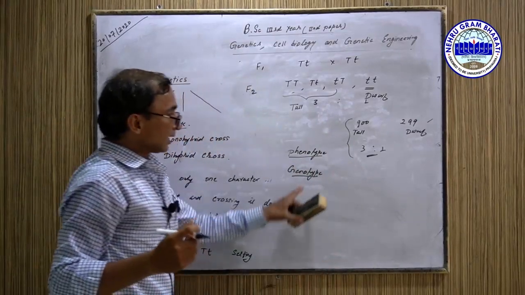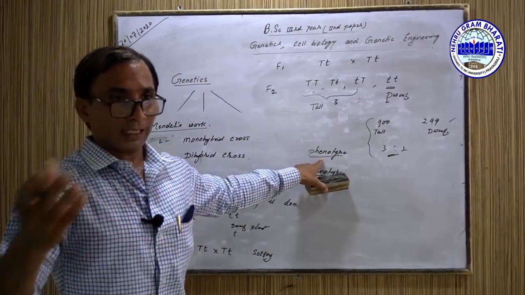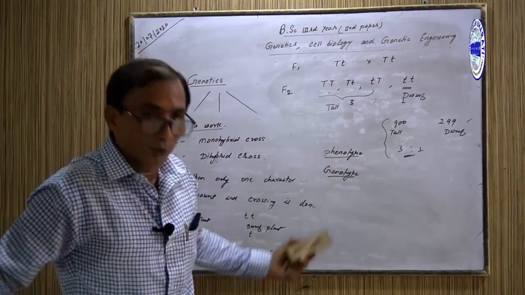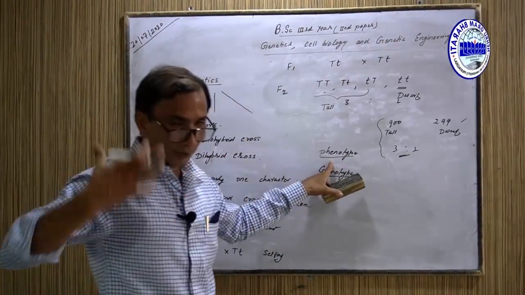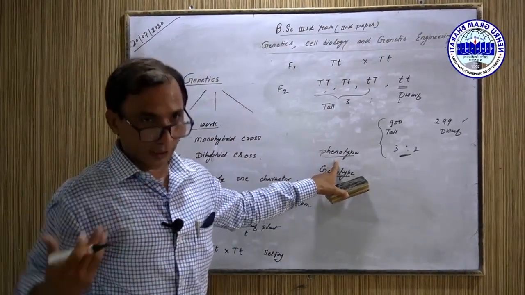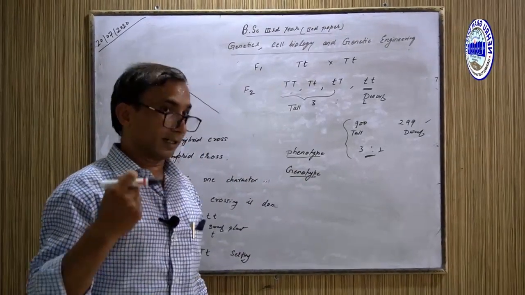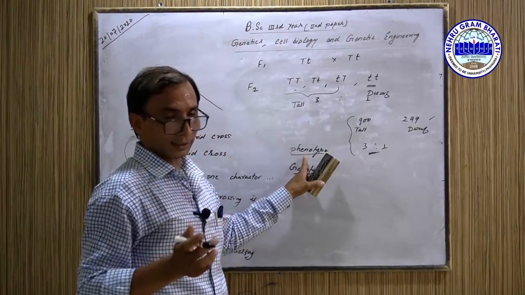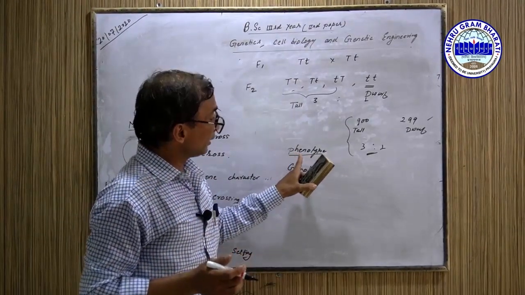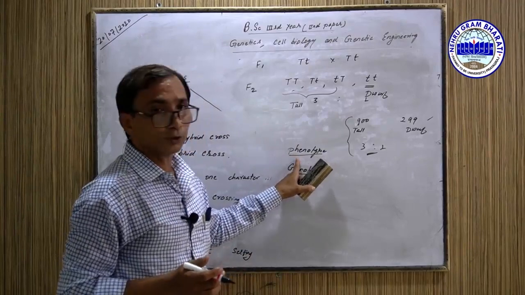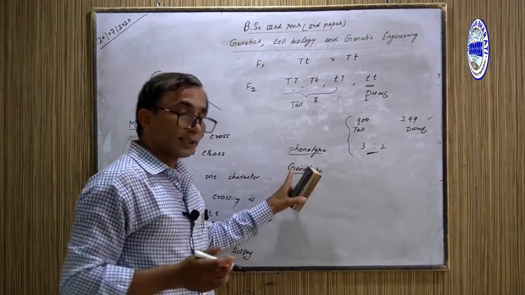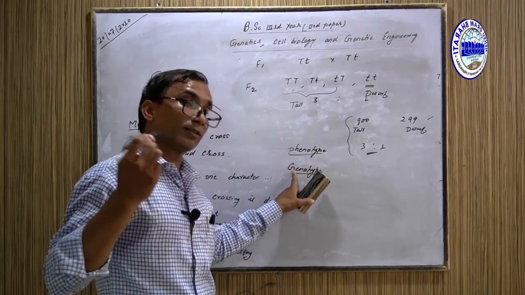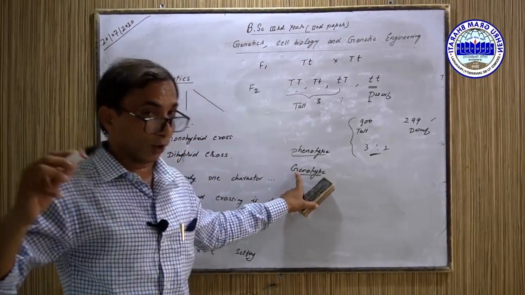Phenotype is how you see the organism from its outward appearance; as you are looking at me, this is my phenotype. The internal genetic makeup is its genotype. Generally when we conduct an experiment and inferences are to be drawn, we go by the phenotype, not the genotype. Genotype is always to ascertain the type of the organism.